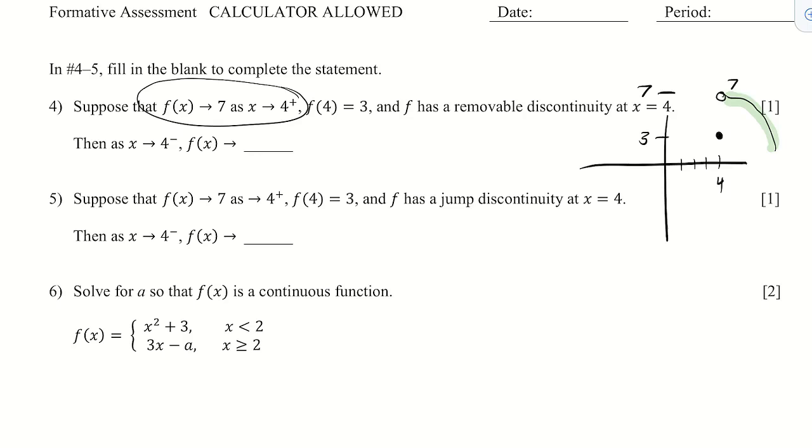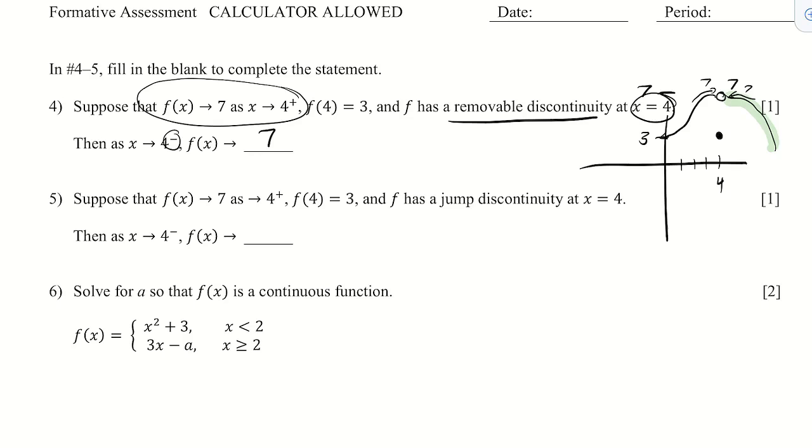But since I know that it is a removable discontinuity, that means I know this curve actually continues right from that 7 spot. Now I don't necessarily know if it's going up or down, but that really doesn't matter. But I do know that from the other side, this is also going to 7. So it's going to 7 from the right-hand side and also from the left. So as x is going to 4 from the left-hand side, y is also going to 7. And more specifically, because it has a removable discontinuity.